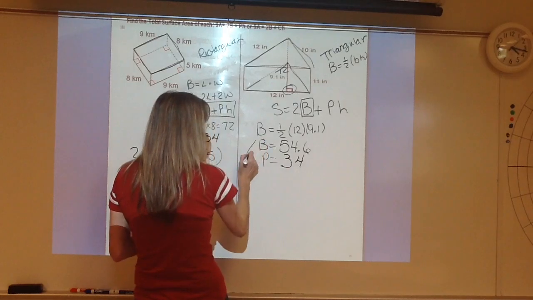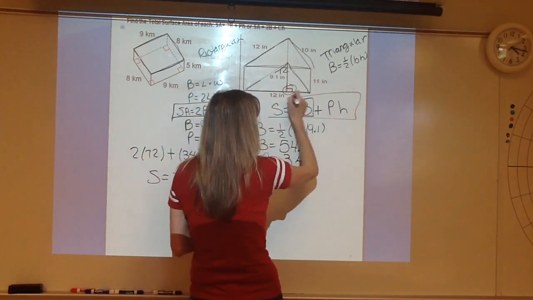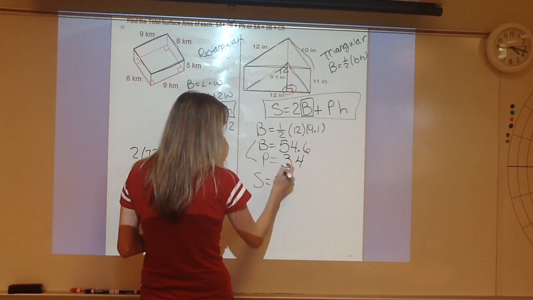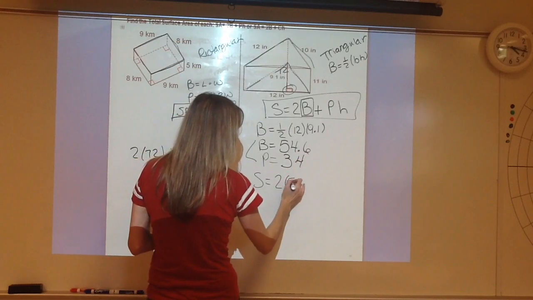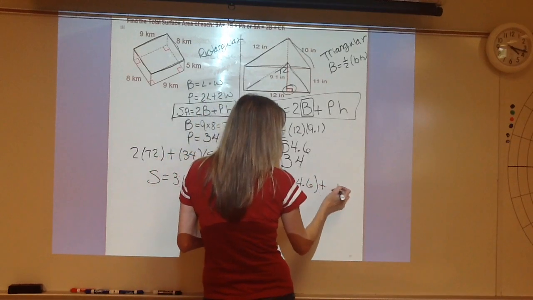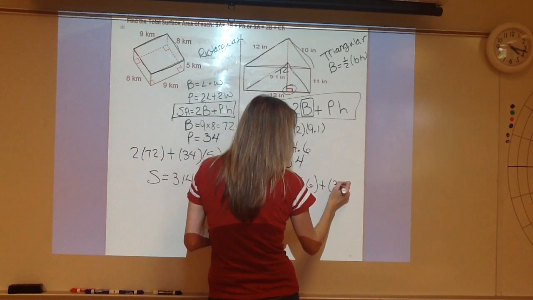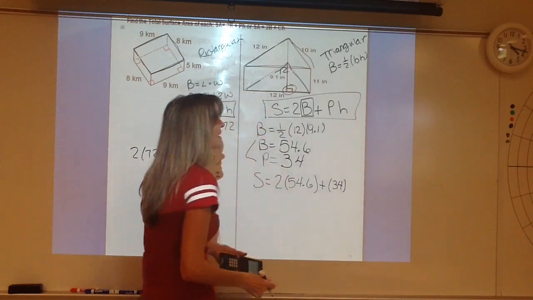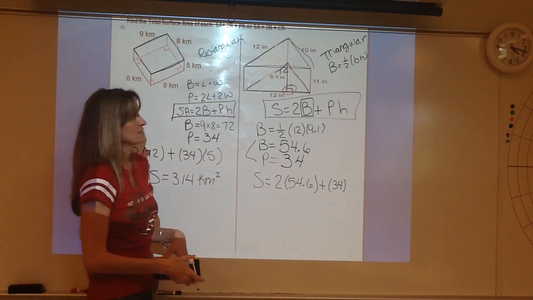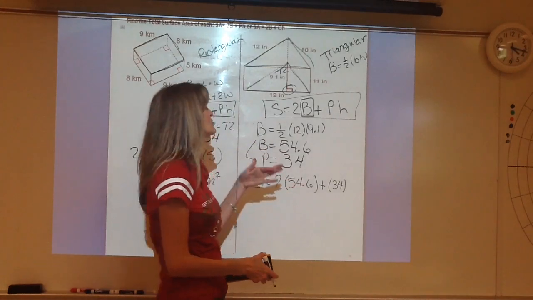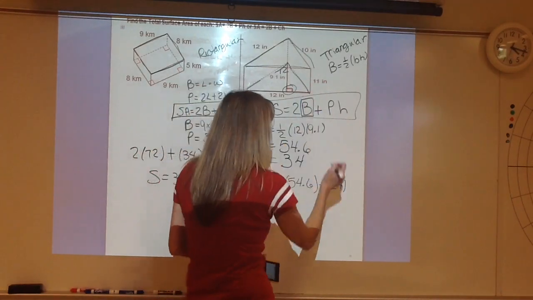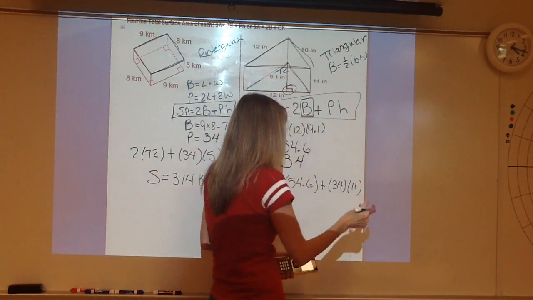So I'm going to use these 2 numbers and plug them in here. So my surface area is 2 times what I got for the area, which is 54.6, plus what I got for my perimeter, which was 34, times the height of the prism. How tall is that prism? Well, how far is it between the 2 triangles? Well, it is 11 between the 2 triangles.